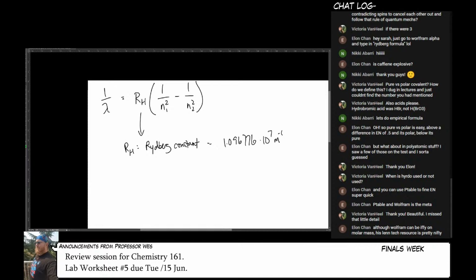Rydberg constant for hydrogen is... Apparently it's changed. 1.0973 is what they have listed here.